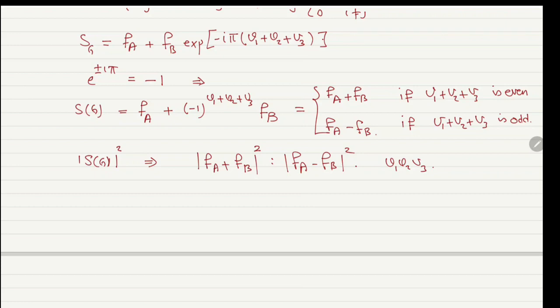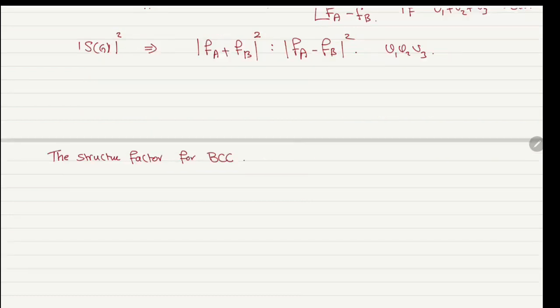Now let's find the structure factor for the BCC structure. In the BCC structure, remember there's an atom in the middle of the cube and 8 atoms in the corners. So the total atoms used to build this structure are equal to 2. But the difference between BCC and cesium chloride is that in BCC, atom A is the same as atom B. Here we have two positions, 0, 0, 0 and half, half, half.